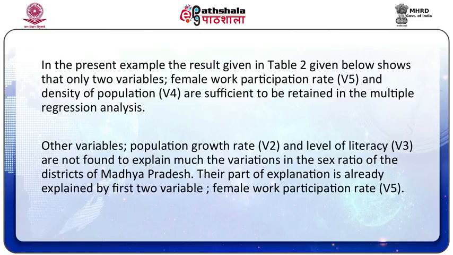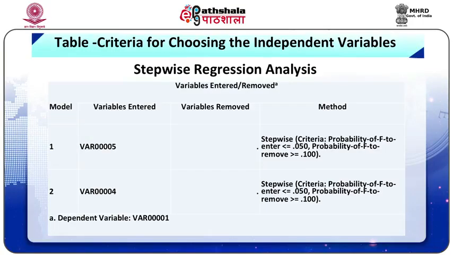Other variables, population growth rate, that is variable 2, and level of literacy, that is variable 3, are not found to explain much of the variation in the sex ratio of the districts of Madhya Pradesh. Their part of explanation is already explained by the first two variables, that is female work participation rate, variable 5, and density of population, variable 4. Table 2 shows the criteria for choosing the independent variables in stepwise regression analysis.